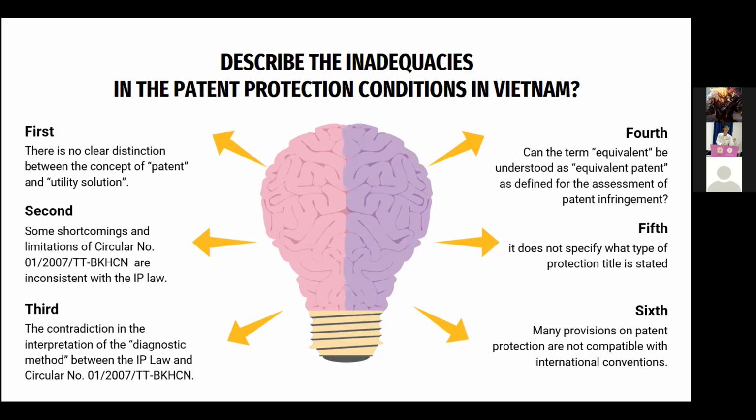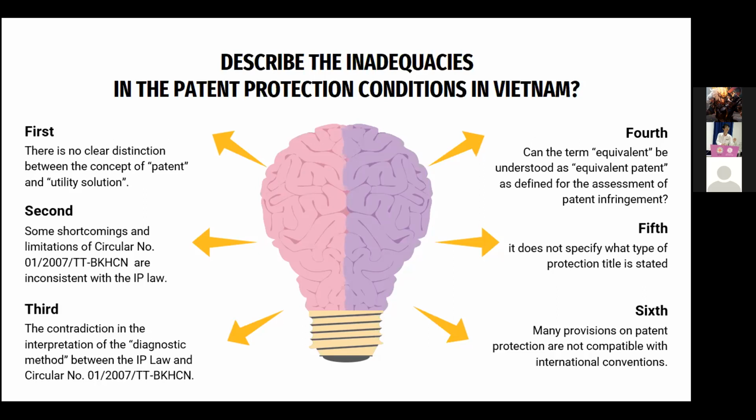Secondly, Circular No. 1/2007 was issued on 14 February 2007 and is considered an important document in determining the process of establishing intellectual property right for invention.